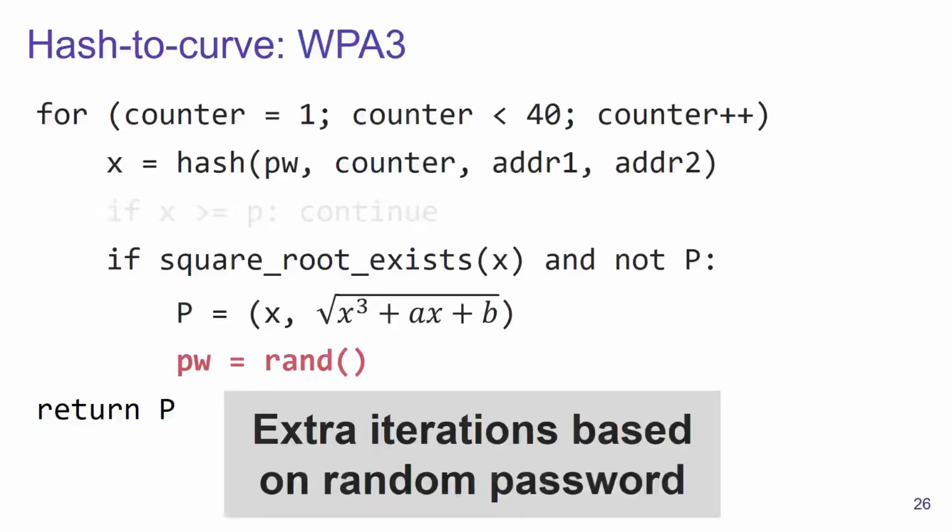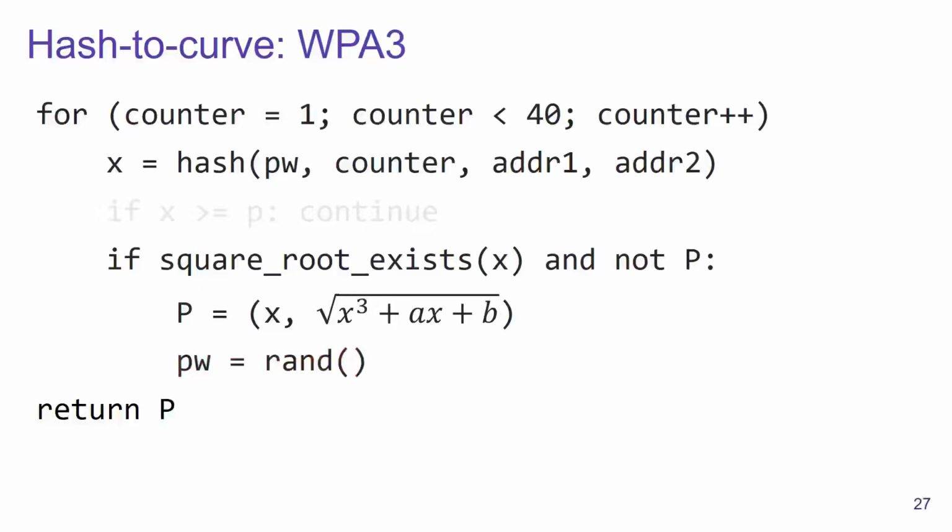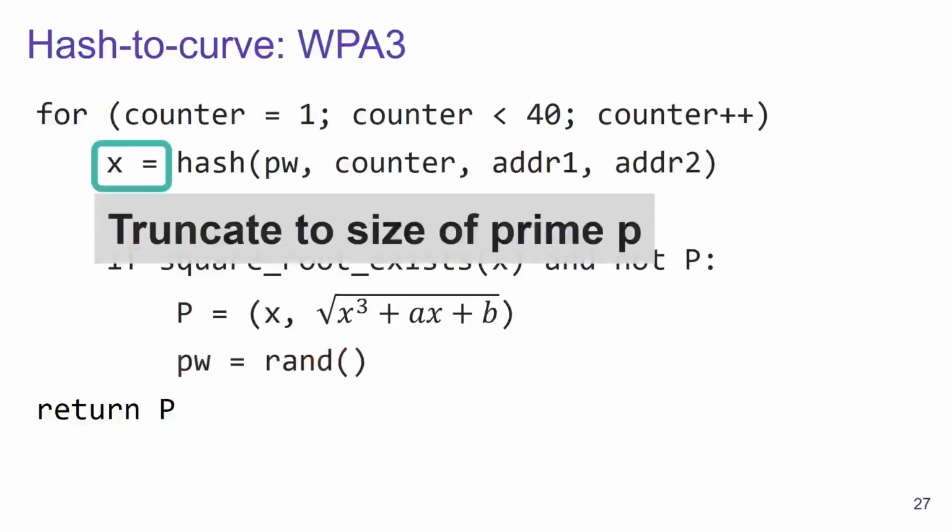Now, there is still one remaining problem, and that is that the hash output has to be truncated to the size of the prime P. So, for example, let's say that we are using a 256-bit elliptic curve, then the output of the hash function is truncated to the first 256 bits.